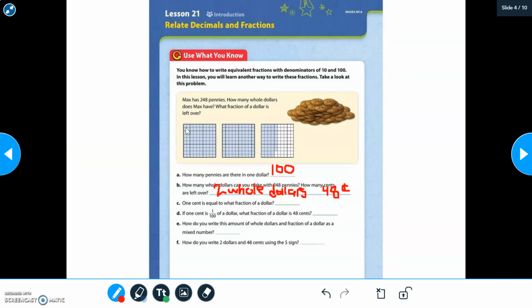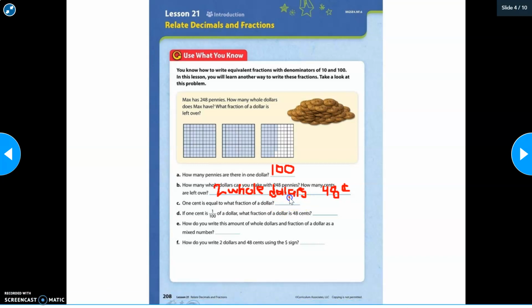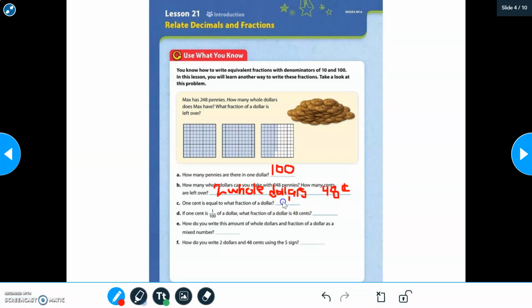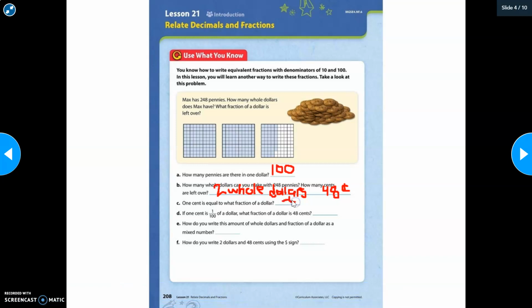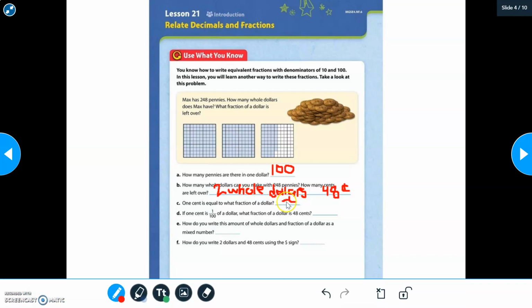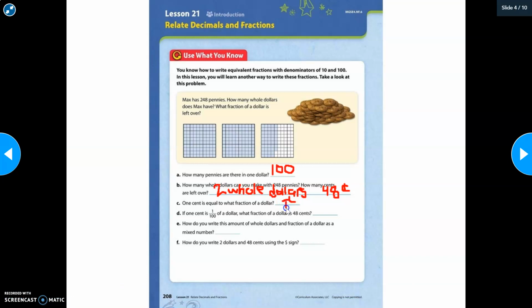So 1 cent is equal to what fraction of a dollar? It's equal to 1/100th. So I drew my number 1, my fraction bar, and under my fraction bar, I'm going to write the number 100.